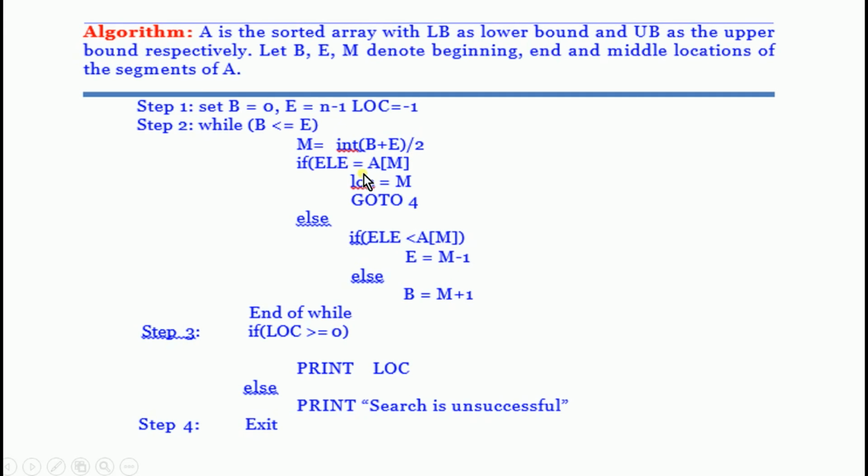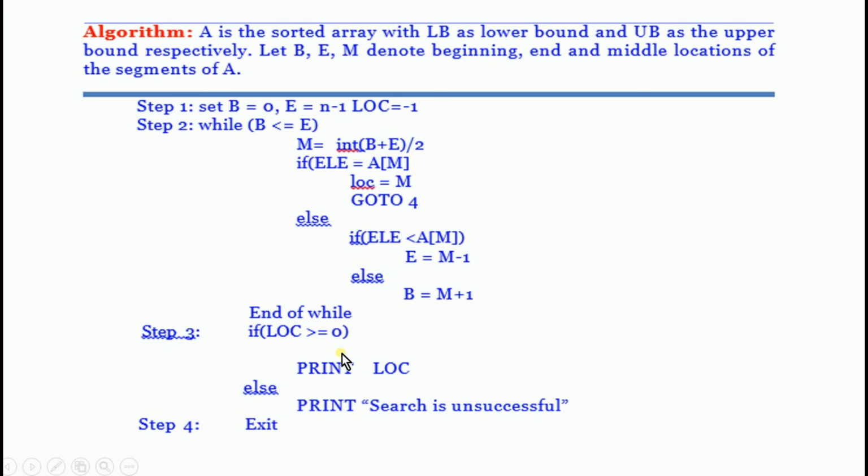If the element is equal to A of M, if the element equals the middle element, then location is equal to the middle position M, then go to the fourth step, that is stop. Otherwise, again check whether the element is less than A of M or greater than A of M. If less than A of M, the end point is M minus 1.